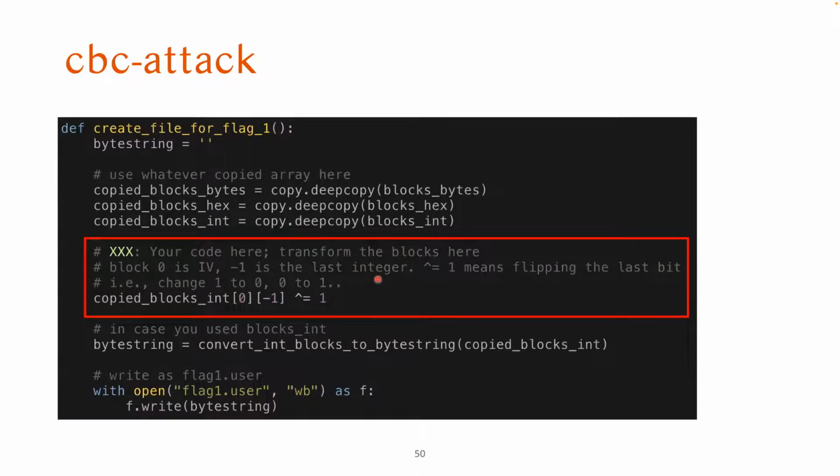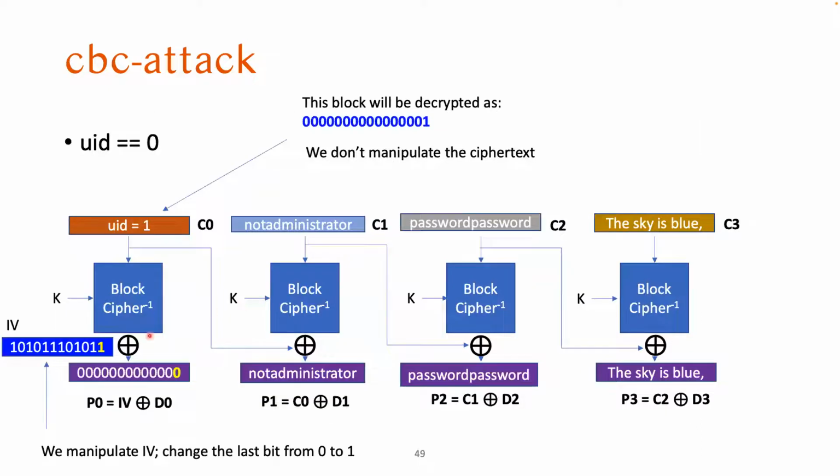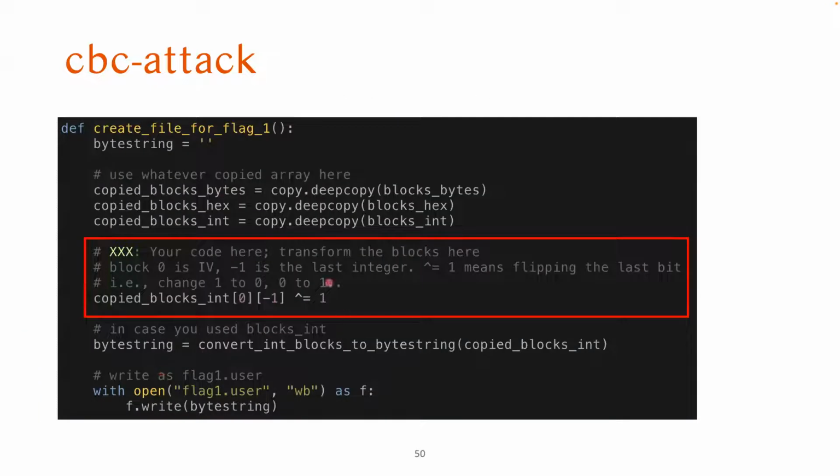So to change the UID, we need to manipulate the first block, the last byte. The reason is that with CBC mode, the first block is XORed with the IV, so to manipulate the last digit of the UID, we need to manipulate the last digit of the IV. Yeah, that's how you can manipulate the data.